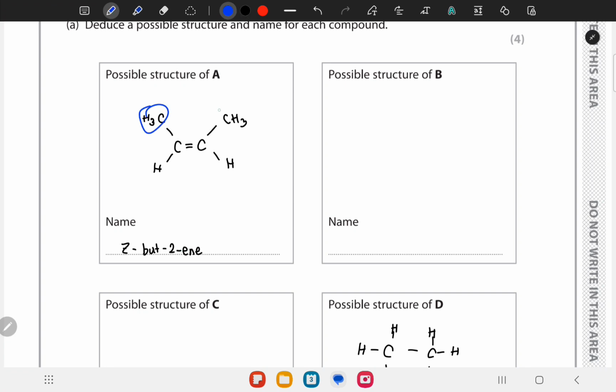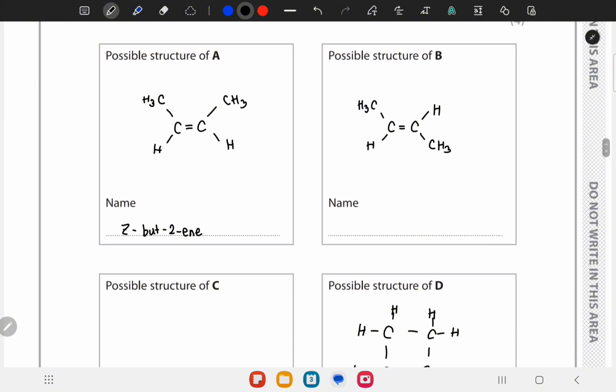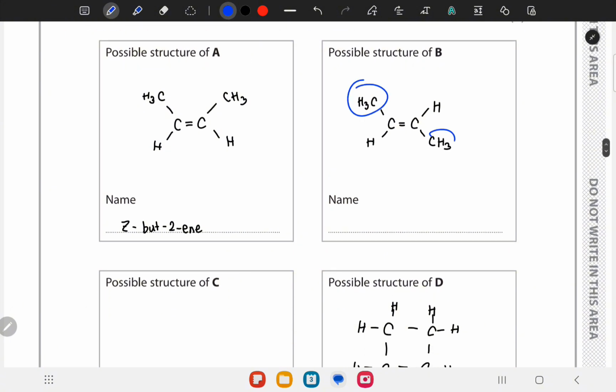The high priority group is CH3 and both of them are on the same side, so this is the Z isomer. The other would be the E isomer for this, so H3C over here, CH3 over here. So the high priority groups are on opposite sides, so this would be E-butene.